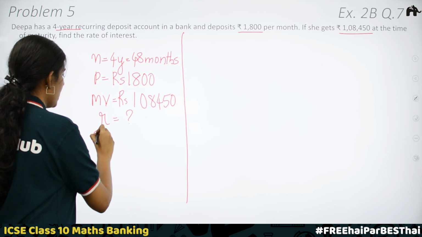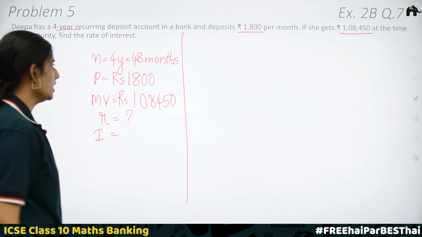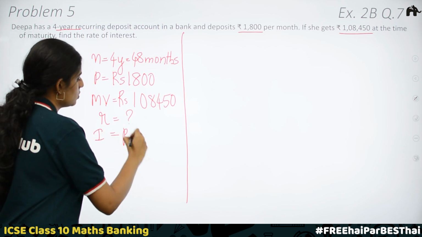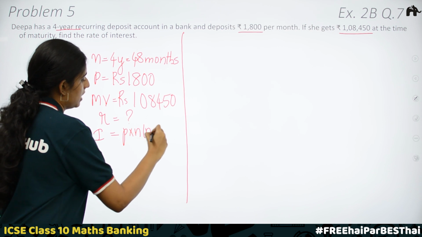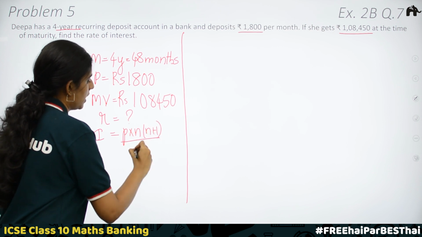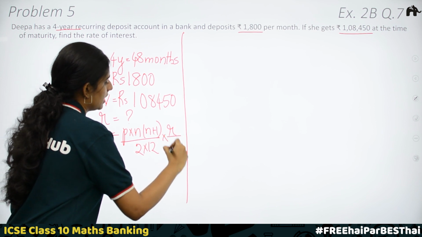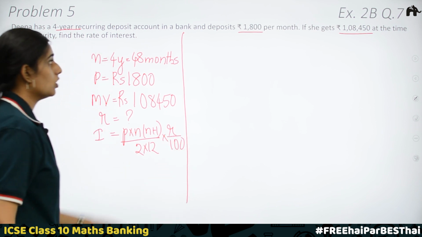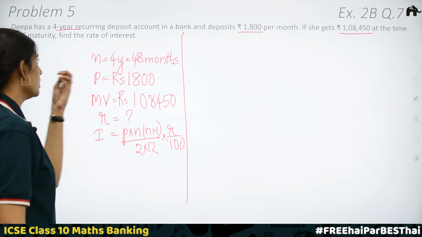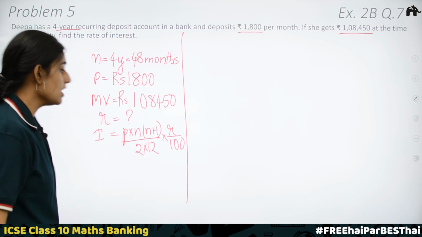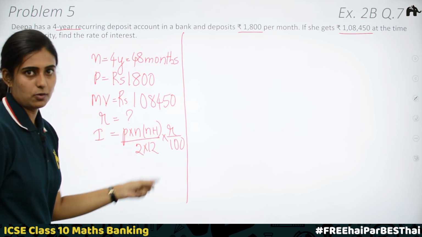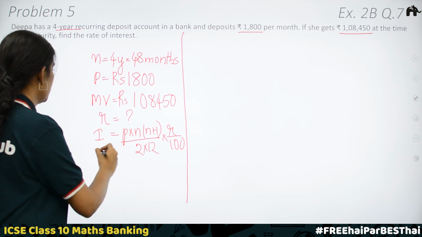First, we have interest I is equal to P into N plus 1 divided by 2 into 12 into R divided by 100. Whatever be the question, whatever be the quantity that is to be determined, will always begin with this formula. Okay.